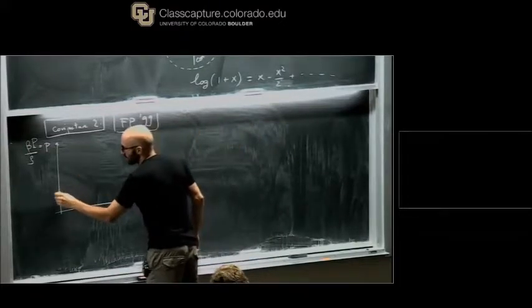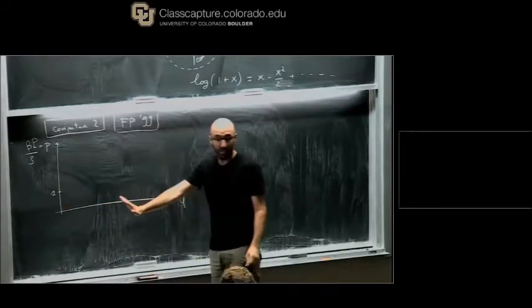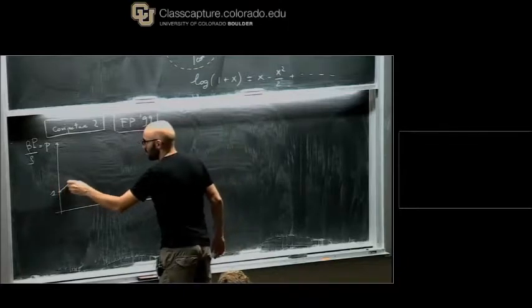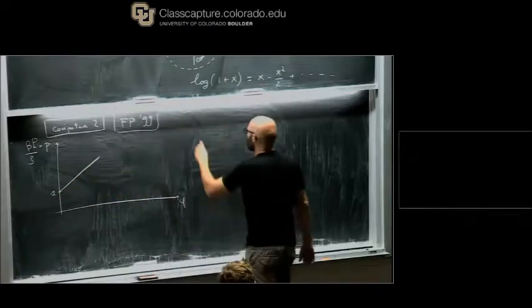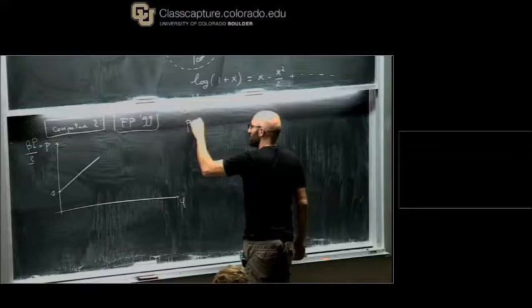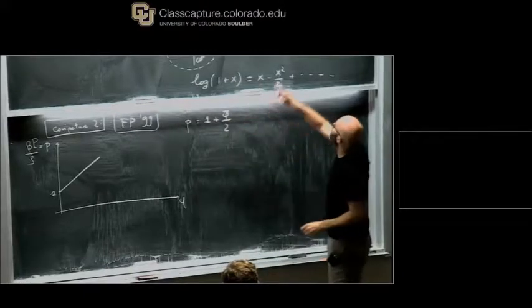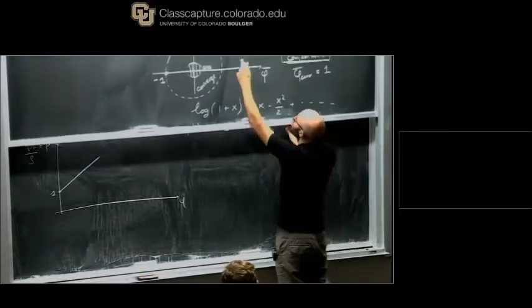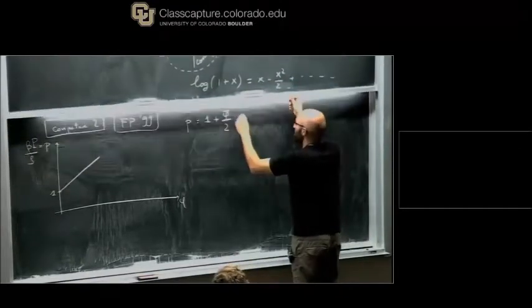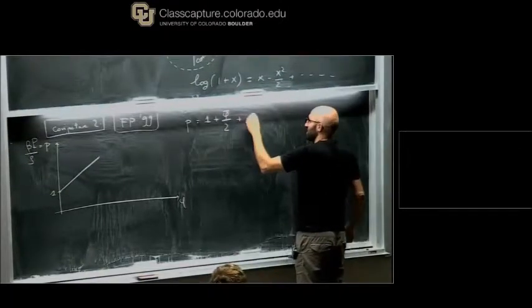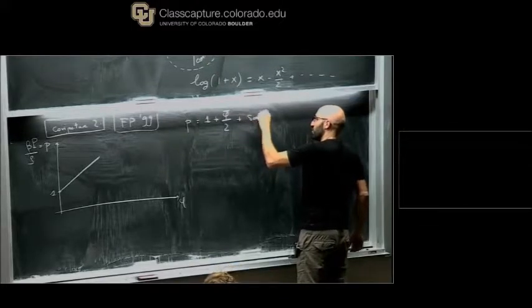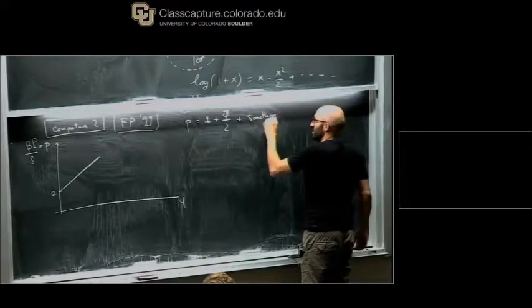So this is 1 for the ideal gas. So at 0 density, it's 1. And then it's going to grow linearly. So if you want, this pressure is 1 plus phi over 2. And this is the contribution of the first diagram. And then you get plus something, which is the contribution of all the other ring diagrams.